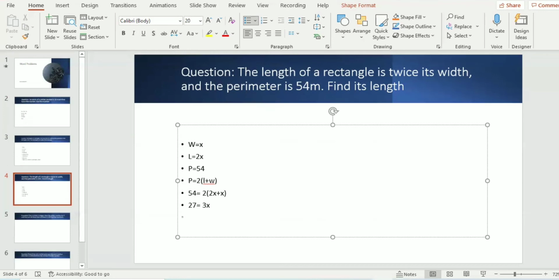And now 27 is going to be divided by 3 is equal to x. So we have x is equal to 9. And the length is equal to 2x. So we have length is equal to 2 into 9, which is 18. And this is our answer.